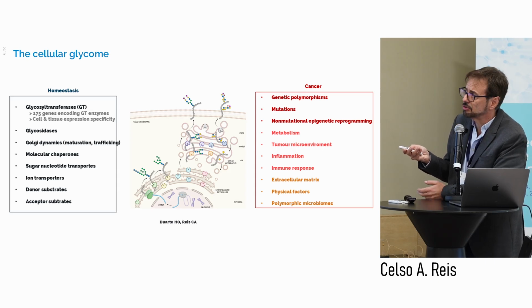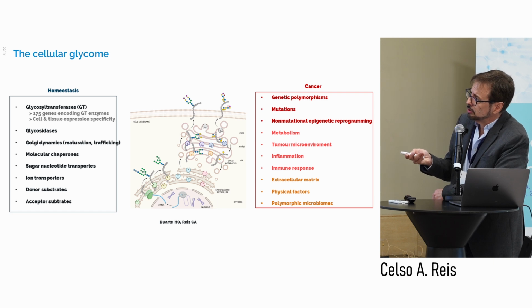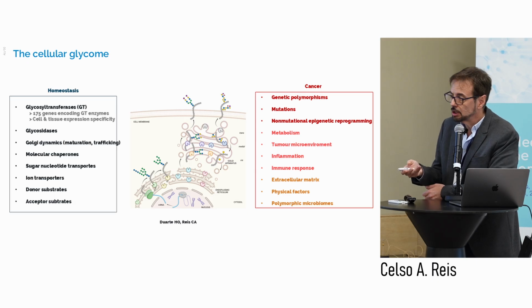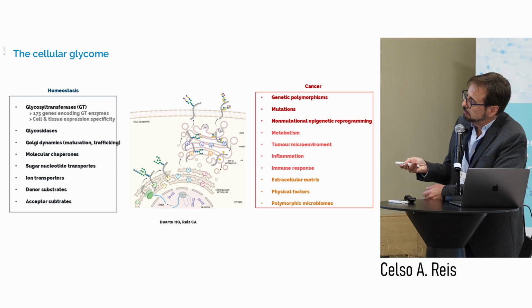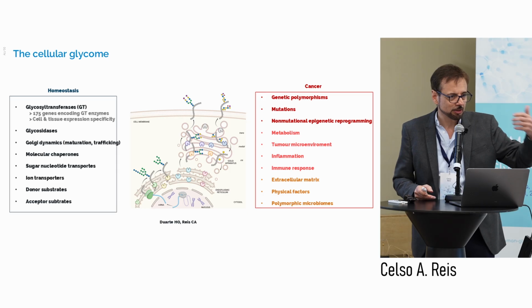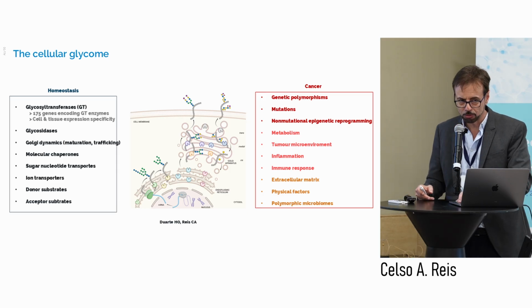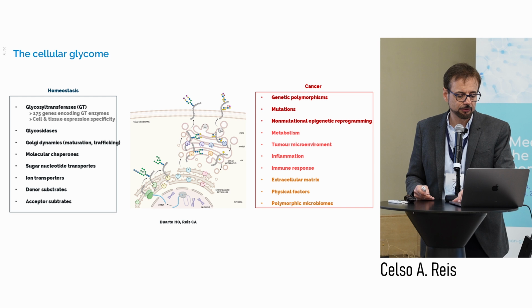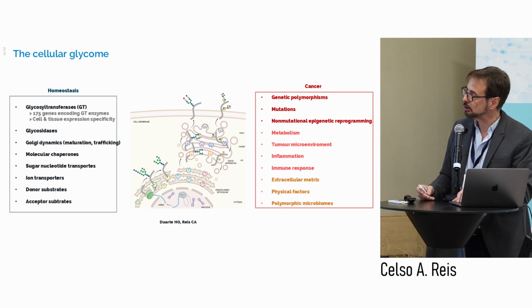Of course, glycosyl transferases, as expected, but also many other factors, like the molecular chaperones we have heard about, transporters in the ER and the Golgi, ion transporters, and of course also substrates. The unbiased search also identified substrate proteins interfering with this glycosylation phenotype.